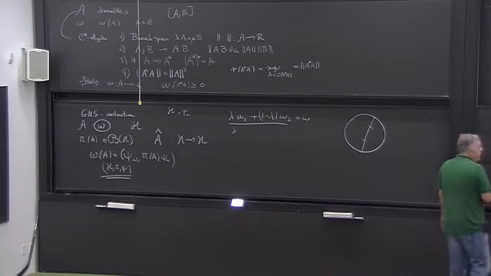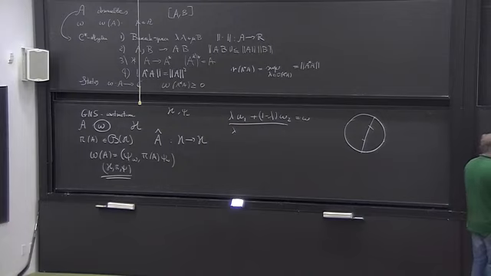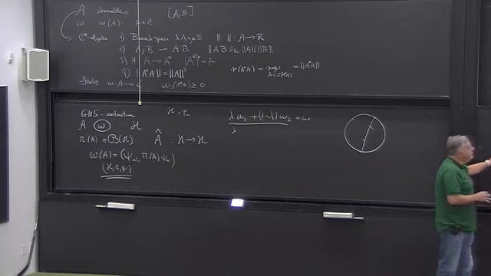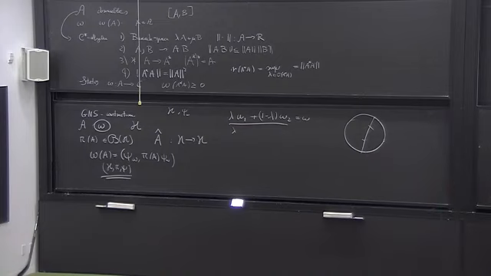So the point is that if you want to set up a Stone-von Neumann theorem at this level, and you give yourself only Hermitian operators, there is no uniqueness. There are plenty of inequivalent representations of these commutation rules.